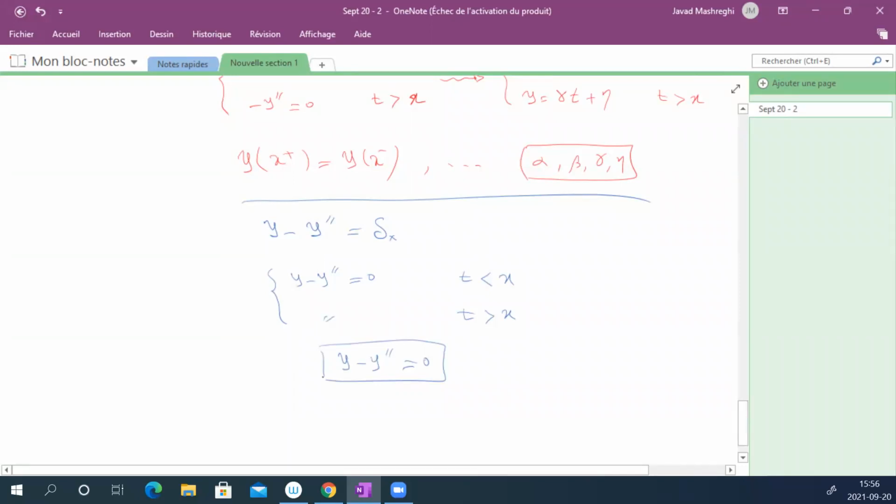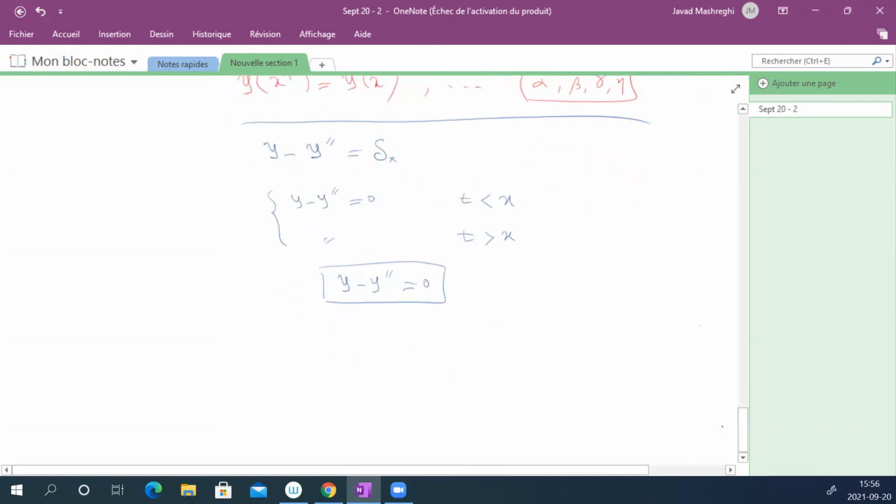Then there are other calculations to do. How can I obtain the solution of y equal to y double prime? This is elementary. The general solutions of y equal to y double prime, and that is why you can write the general solution in many different formats.